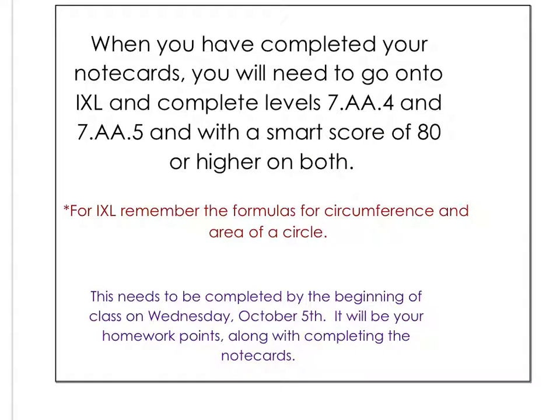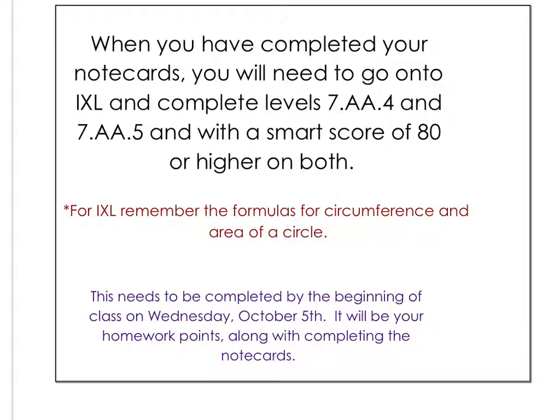Once you finish your note cards, your homework will be to go on to IXL on your iPad and complete levels 7.8A.4 and 7.8A.5 and receive a SMART score of 80 or higher on both.